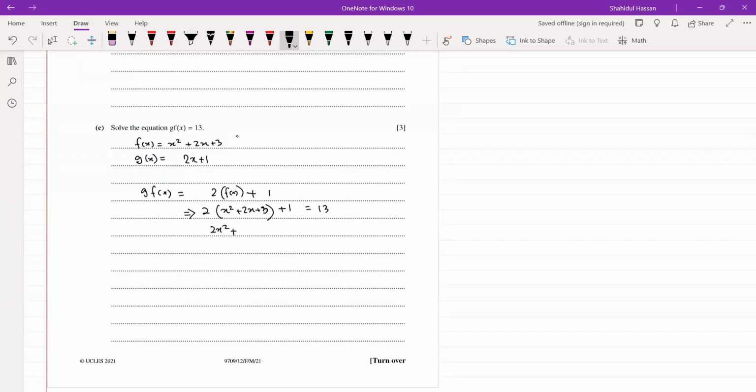So I can write 2x square plus 4x plus 6 plus 1 is equal to 13. 2x square plus 4x, 6 plus 1 is 7, minus 13 taken to the other side is minus 13. 7 minus 13 should be minus 6. Divide the whole equation by 2, so that will be x square plus 2x minus 3 equals to 0.